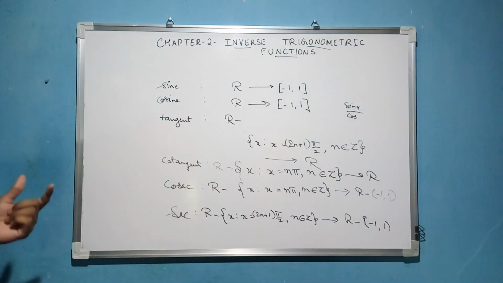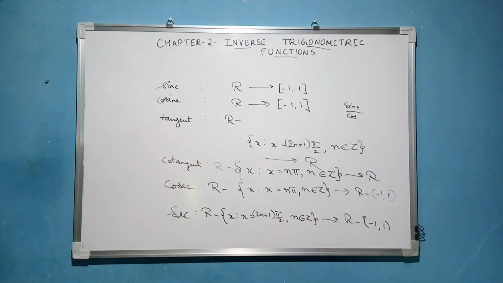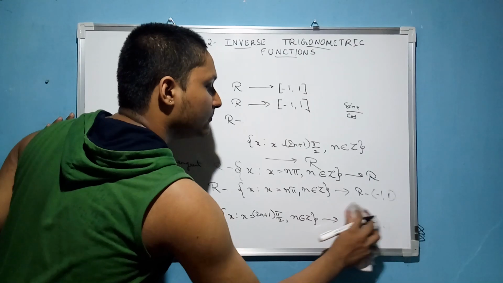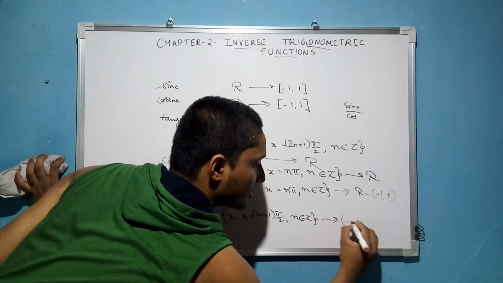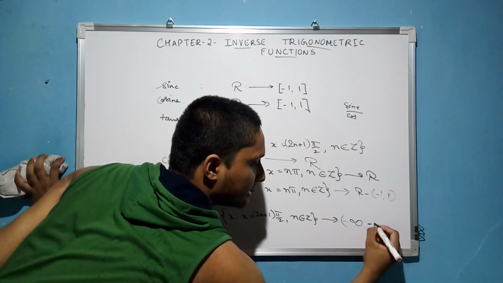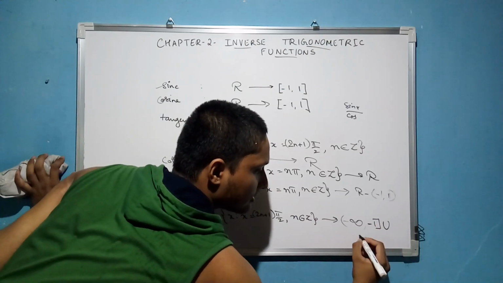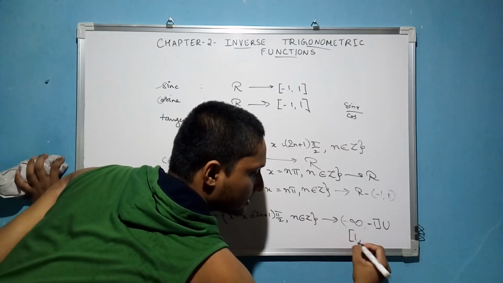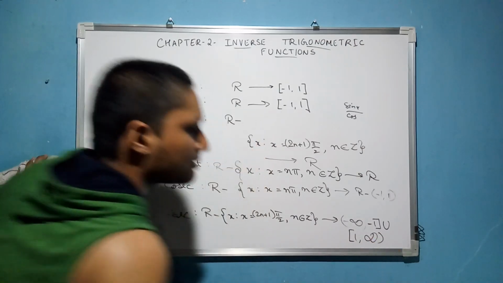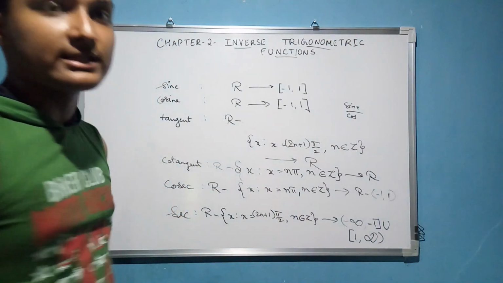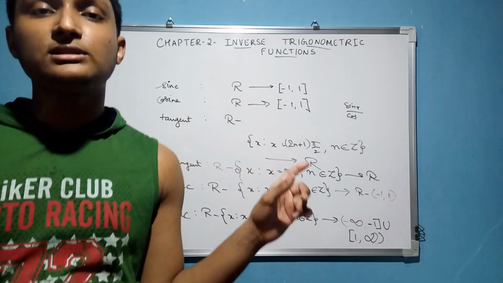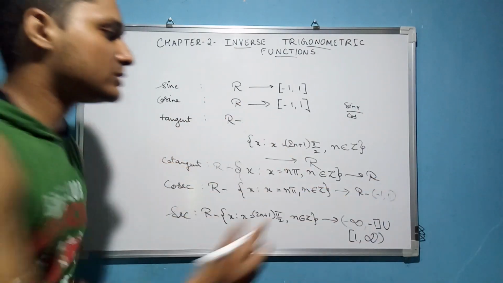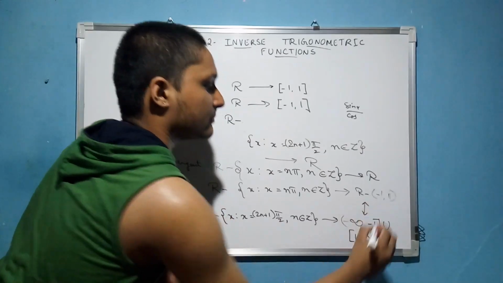Or in another form I can write it as minus infinity to -1 union 1 to infinity. This is a union of these two sets. That means only the numbers between -1 and 1 are not included. These two mean the same.